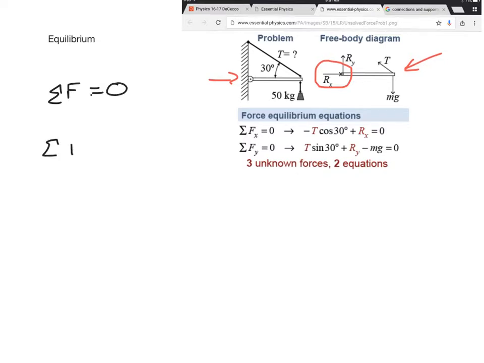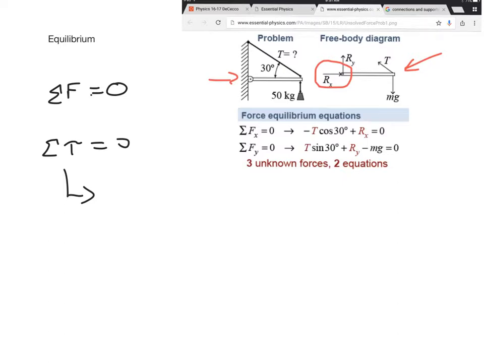But also the sum of all the torques equals 0. Now when we sum up all the torques, we have to do that around a reference point, so that we can look at the force at some radial distance away from a possible rotational point.